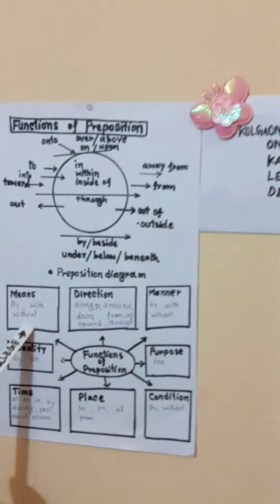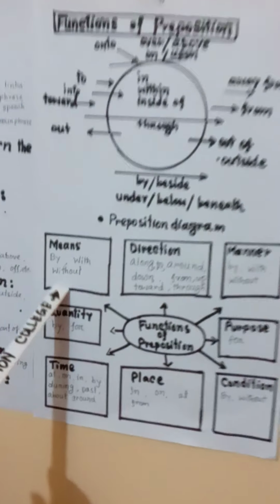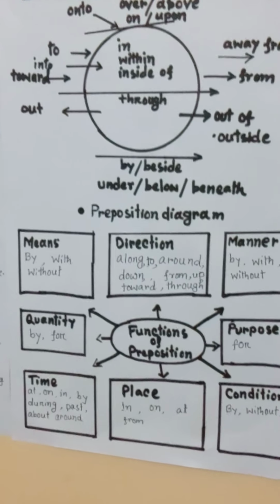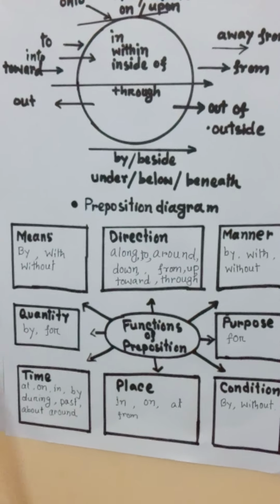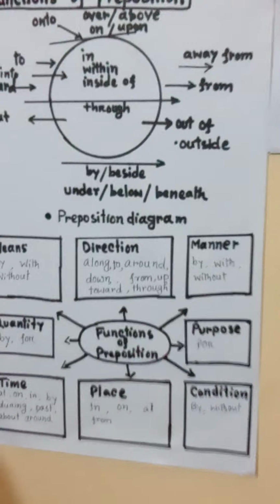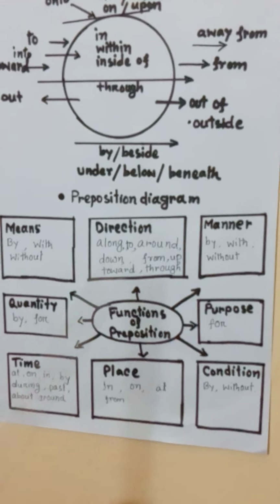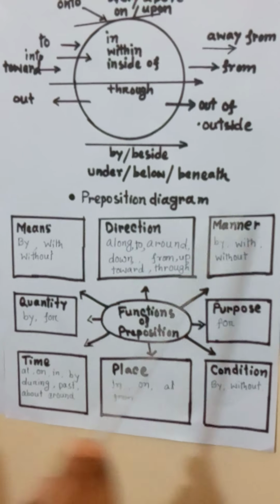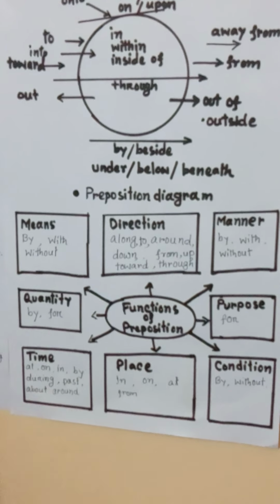These examples. So to give the meaning of means, we use the prepositions by, with, without, etc. Then manner gives a similar meaning, using the similar words by, with, or without. Means and manner are almost the same.